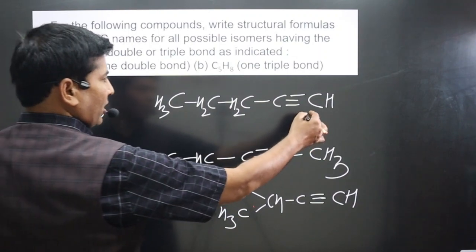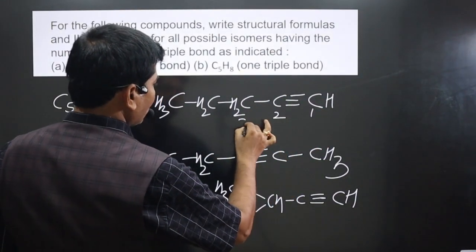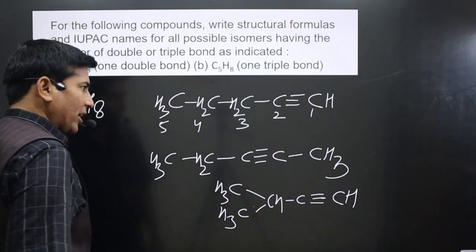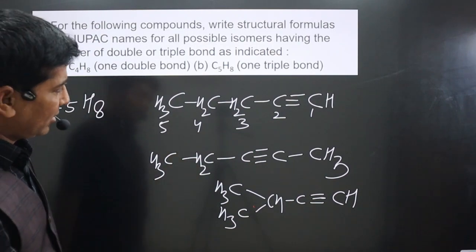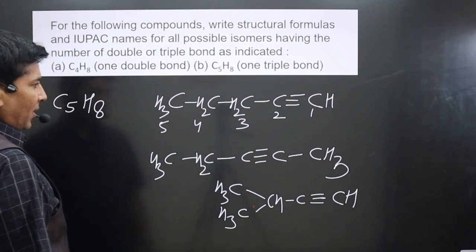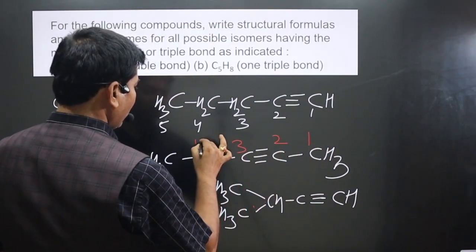We have to do the numbering from this side, so that the triple bond gets the lowest number: 1, 2, 3, 4, 5. We can mention pent 1 yne. In the first position you can see the triple bond is present, so pent 1 yne. In this case, 1, 2, 3, 4 and 5.